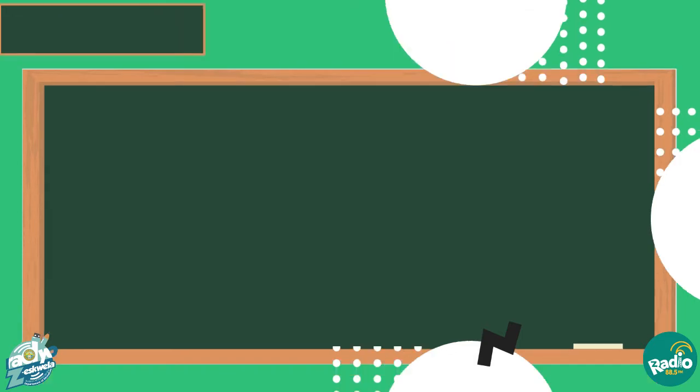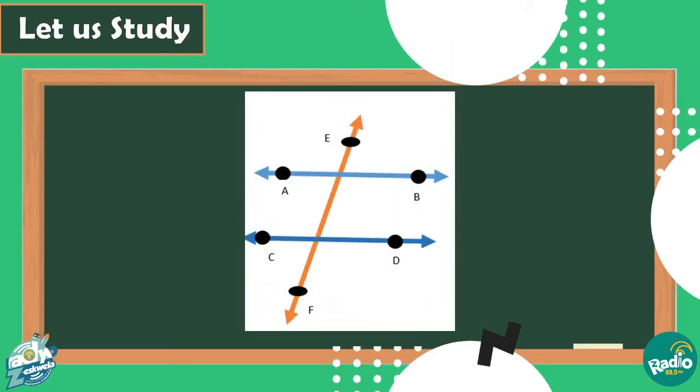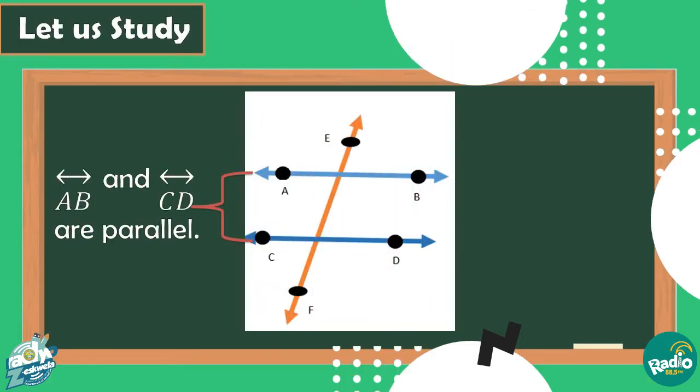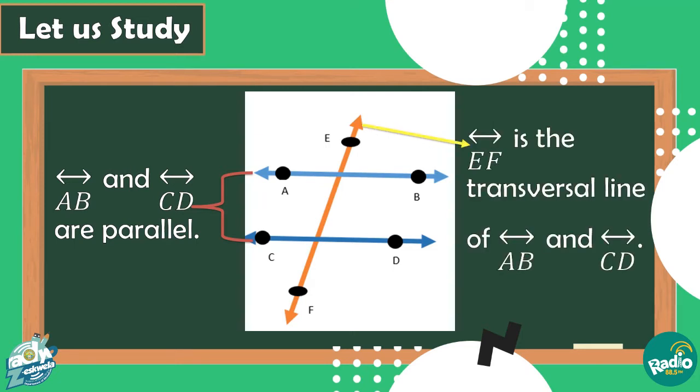To illustrate, please go to the figure. As you observe, there are three lines. Two of them are what we call parallel lines. The parallel lines are the line segment AB and the line segment CD, while the third line segment, EF, is what we call the transversal line.